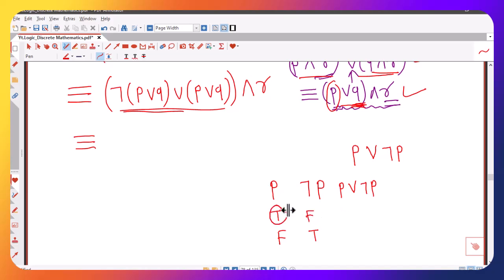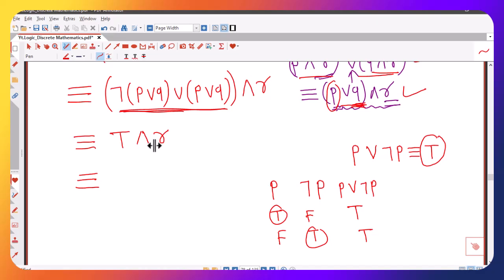So here this is true, therefore this is true, here this is true, therefore this is true. That means P or negation P is always true, and the proposition which is always true, that we denote by capital T. Therefore here I will write capital T, this is logically equivalent to capital T and R.